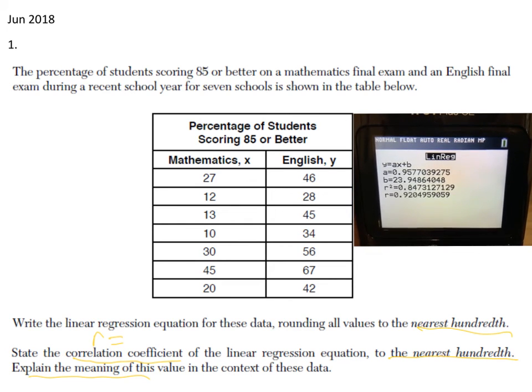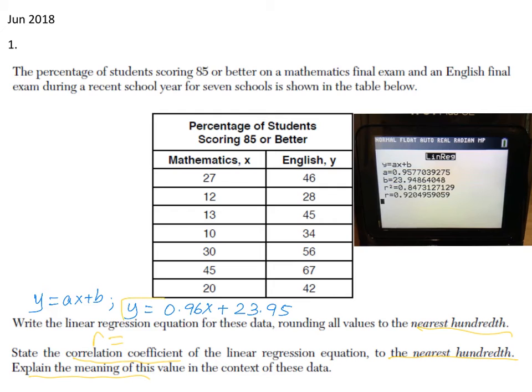We get all these values. Once we get this, we can easily find the equation. We need y is equal to ax plus b, which eventually gives us 0.96x plus 23.95.